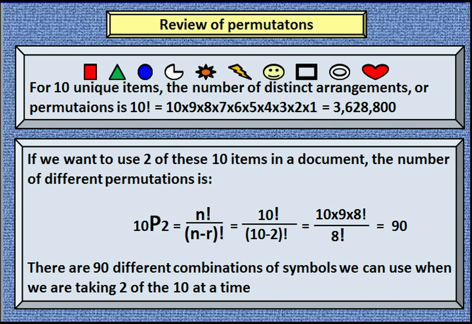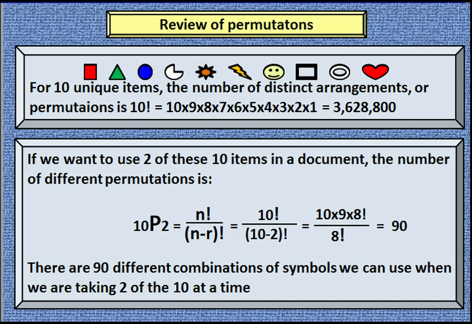For 10 unique items, the number of distinct arrangements or permutations is 10 factorial, which is equal to 10 times 9 times 8 times 7 times 6 times 5 times 4 times 3 times 2 times 1, which is equal to 3,628,800 different ways to arrange these distinct items.